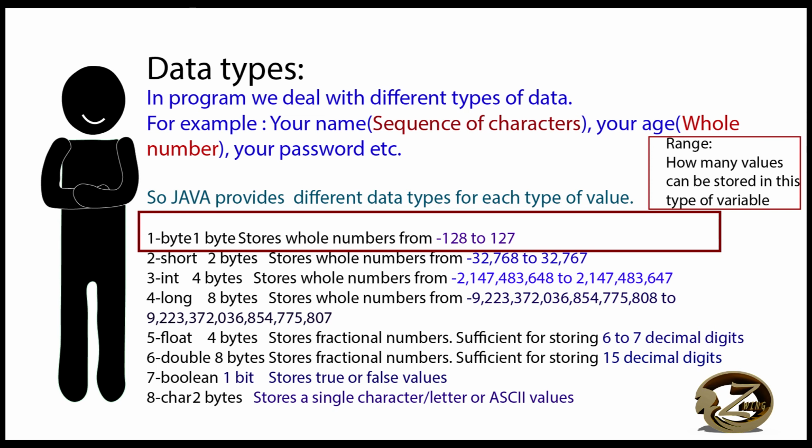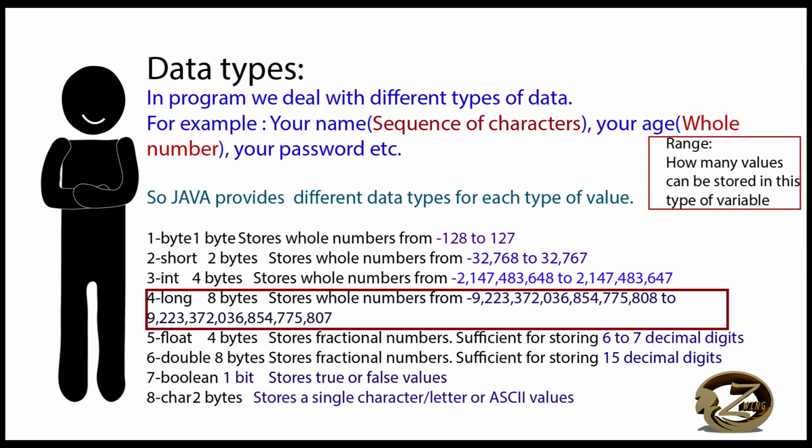In that variable you can store values in this range, and similarly you can check out all these ranges. If you are declaring a variable of long, then this is the range to store values in a variable of long data type. For further details, I have given a link in the description of this video. If you want more details about the ranges and these data types, you can check it out in more detail.